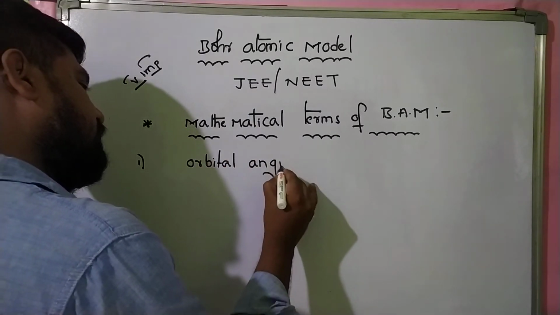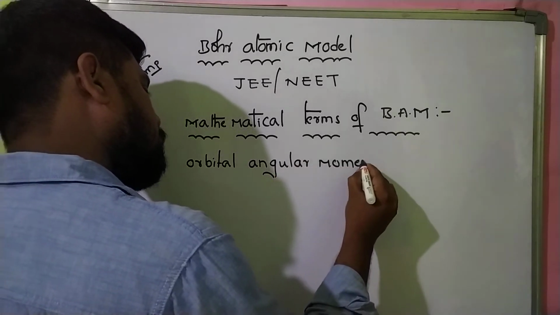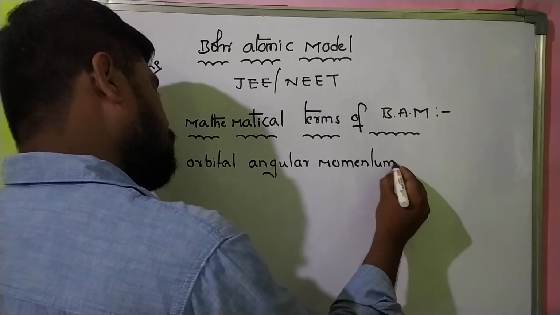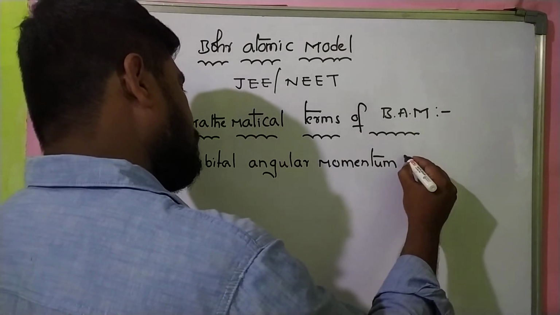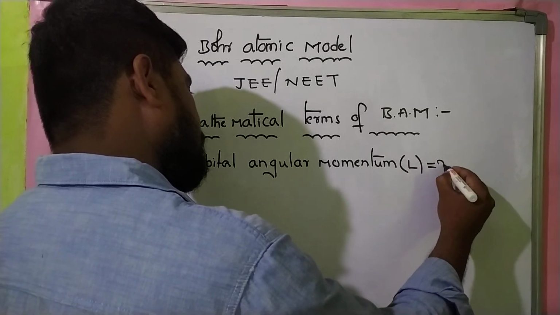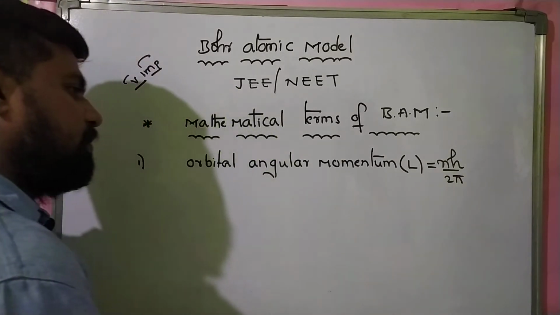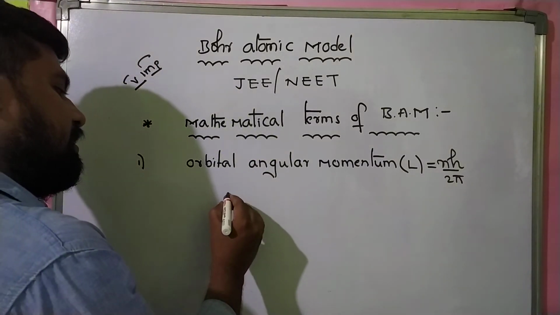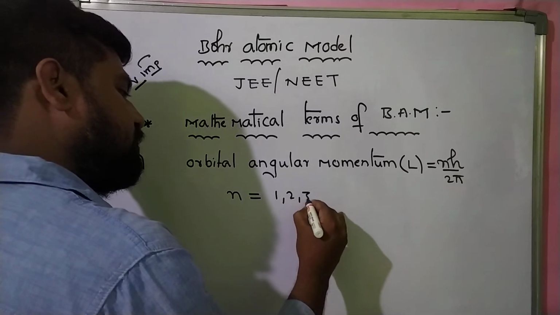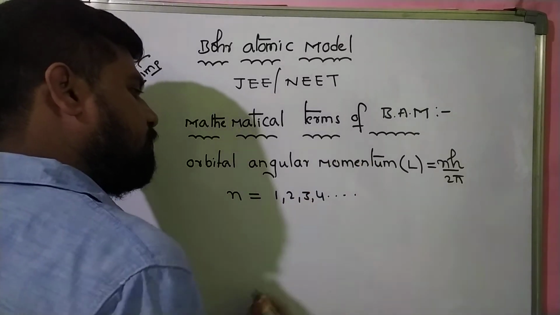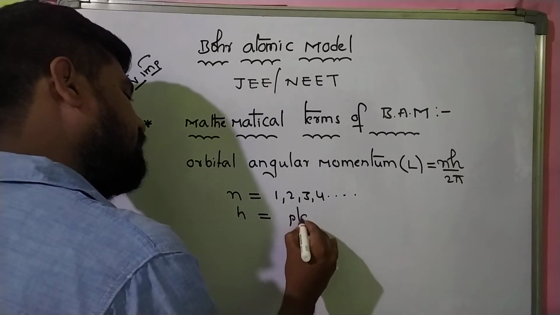Orbital angular momentum L equal to nh by 2 pi, where n equal to 1, 2, 3, 4, and so on. Here h equal to Planck's constant.